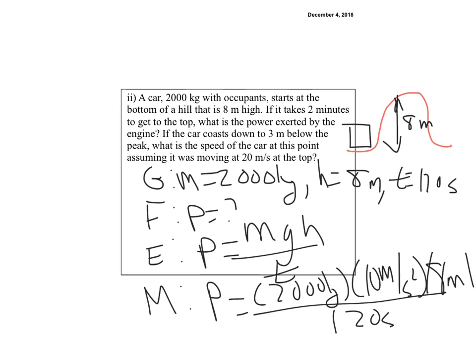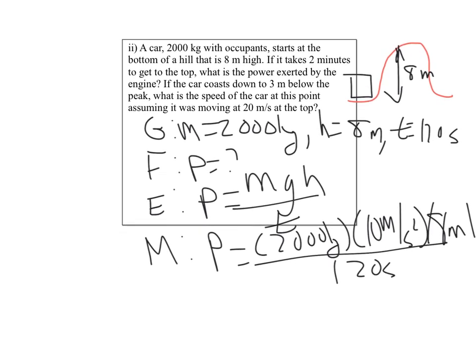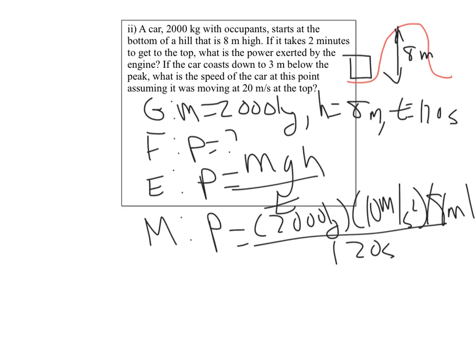Oh, these are easy problems. We can handle these. Those are the kind you want to have on your final, right? And some of them will be this easy. 2,000 times 10 times 8 divided by 120 gives us 1333. So this is going to be 1333 watts, right?